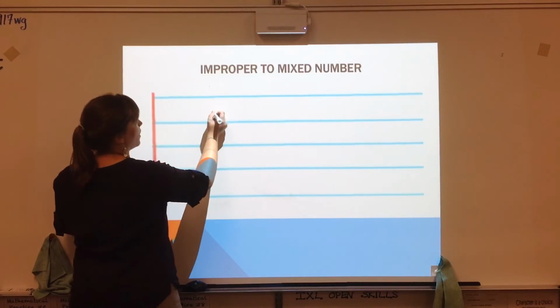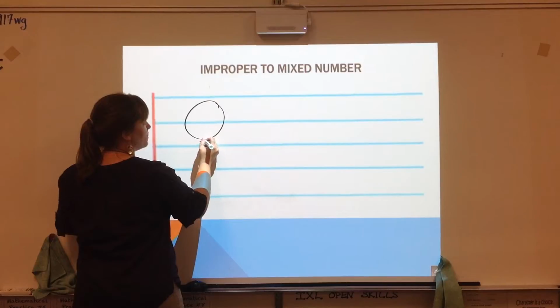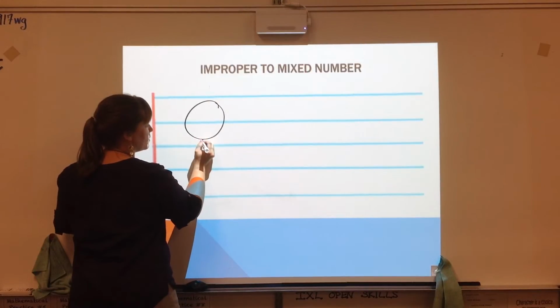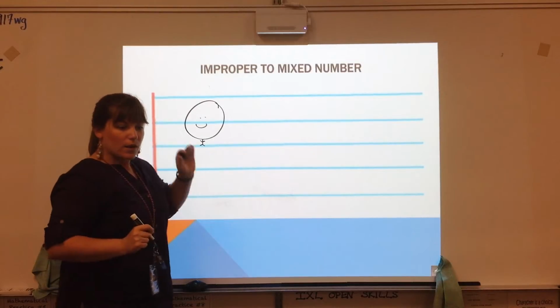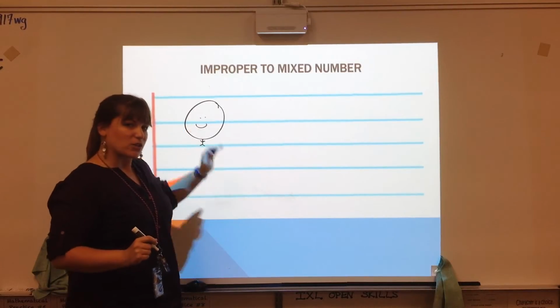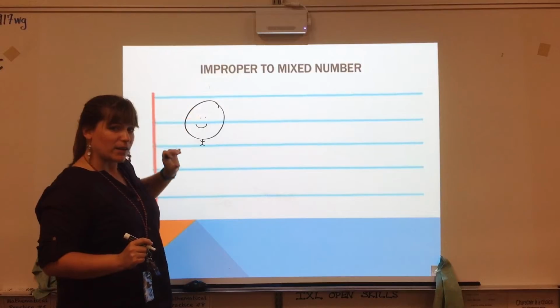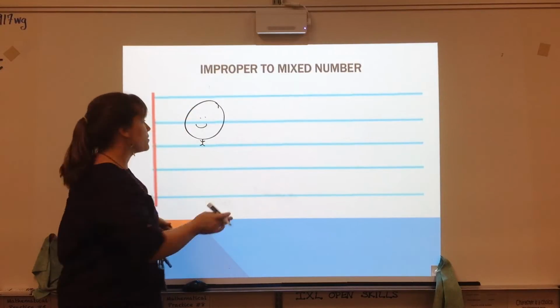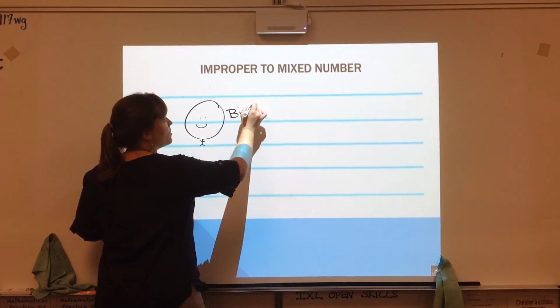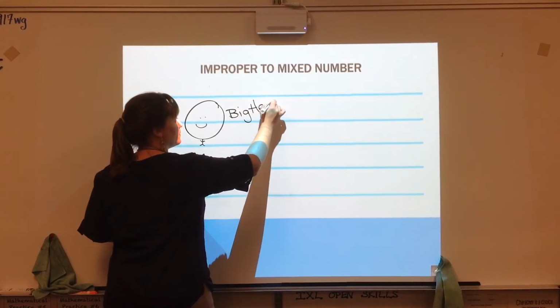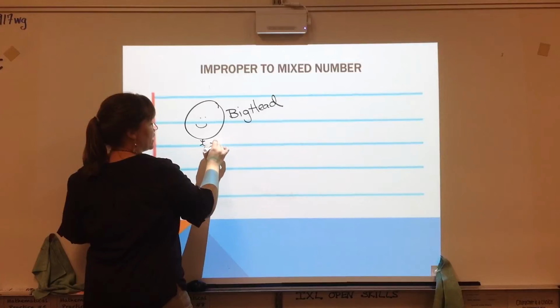I want you to draw a circle and a little tiny body and give them a smile. Think of improper fractions as having a big head and little body, just like caricatures. When you go to the fair, you might see those drawings, and they always have a big head and a tiny body.